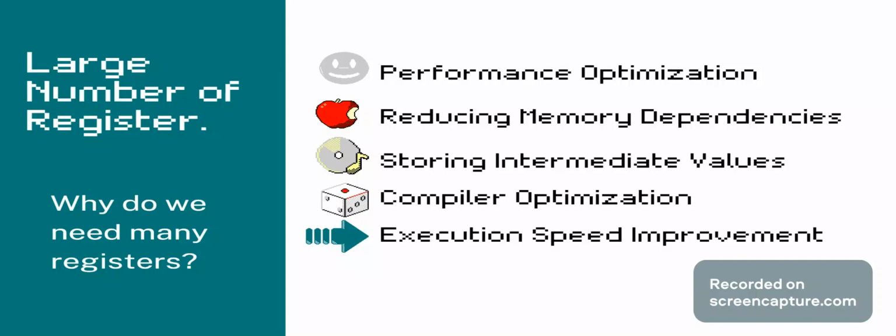The last one is execution speed improvement. Fast access to registers allows instructions to be executed more efficiently, supporting the one-cycle execution time principle that is characteristic of RISC.